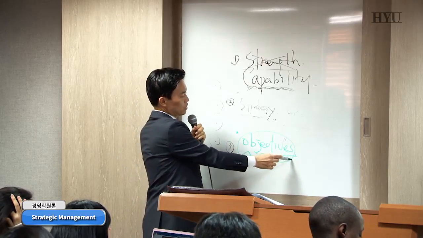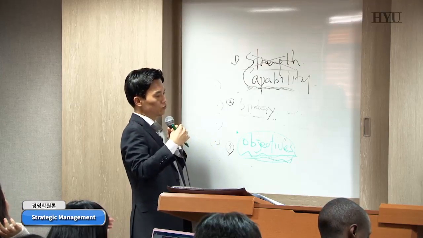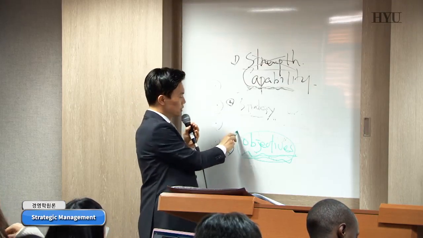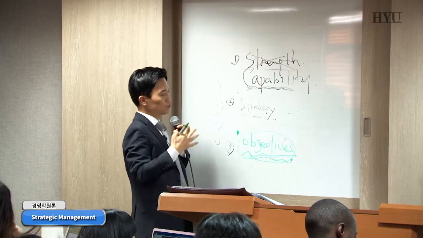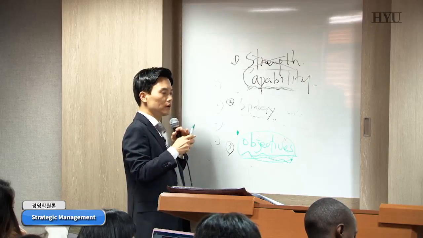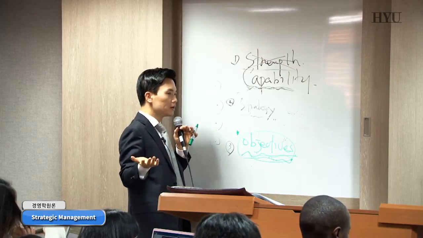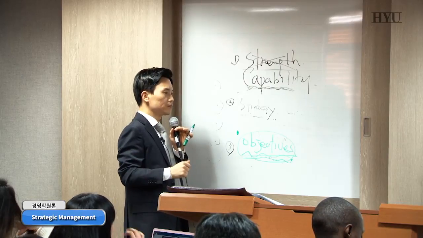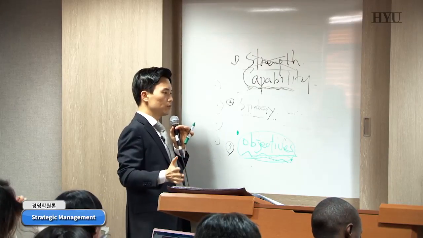So the point of the objective here is that some firms prefer to have more markets, right? Especially a lot of Korean firms. They want to be big, right? They want to be like a conglomerate, more market share, more customers.